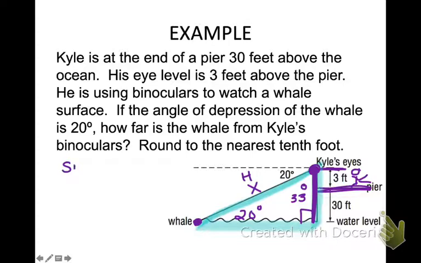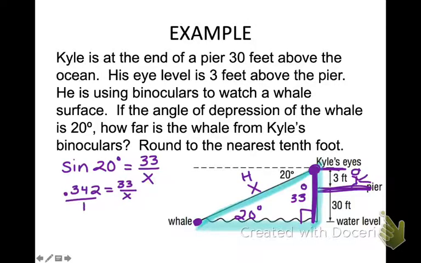So we're going to do the sine of our reference angle, which they give to us. We're not solving for it. So sine of 20 degrees is equal to opposite, 33, over our hypotenuse, which is x. Using your calculator or your trig chart, the sine of 20 is 0.342, which equals 33 over x.